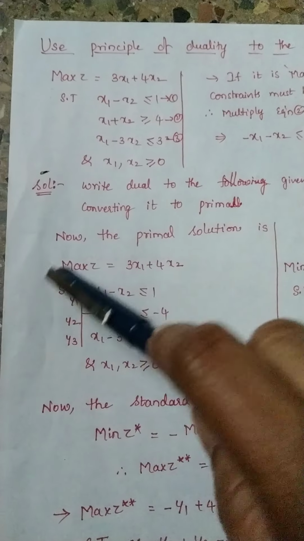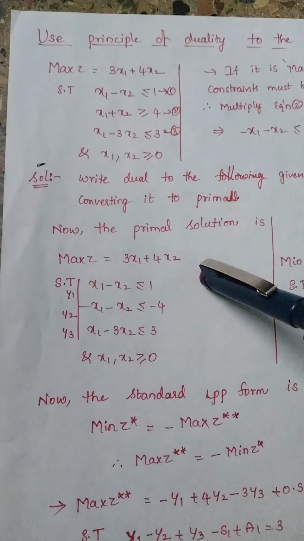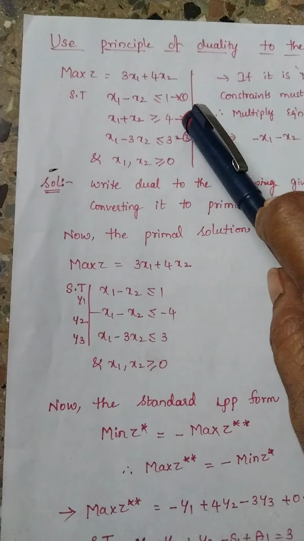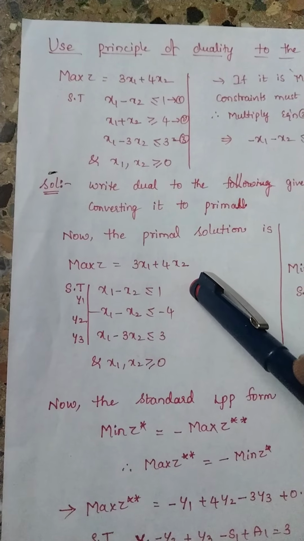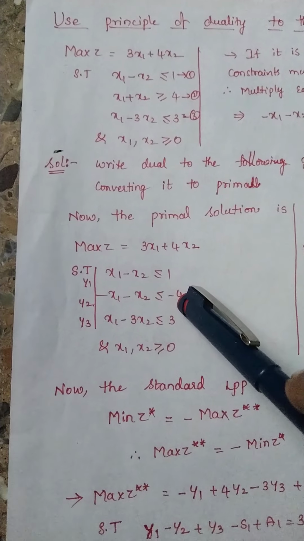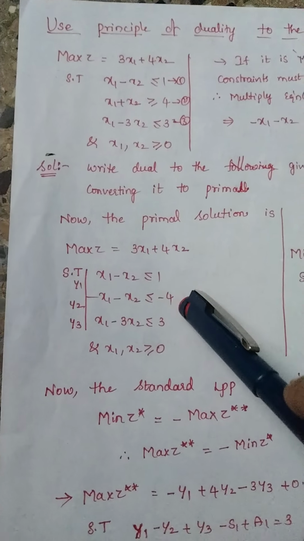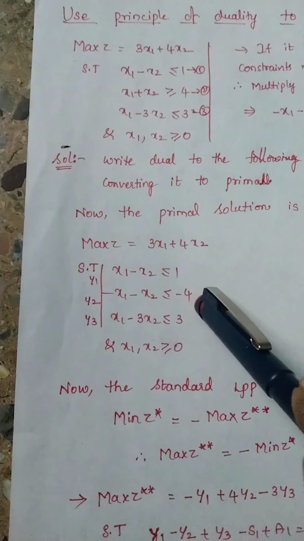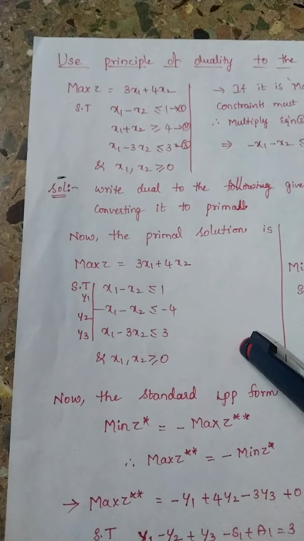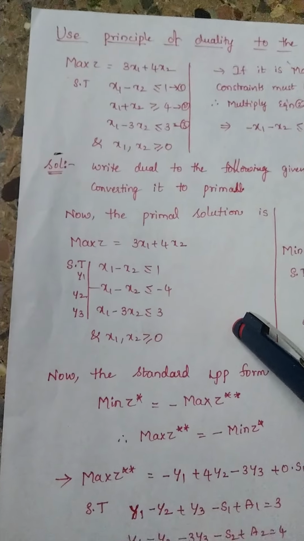See, maximize z equals 3x1 plus 4x2. Whatever objective function they have given, we write it like that. Subject to the constraints: the first constraint is not changing, and the second constraint is minus x1 minus x2 less than or equal to -4, and x1 minus 3x2 is less than or equal to 3. Now our duality concept is satisfied for the primal.